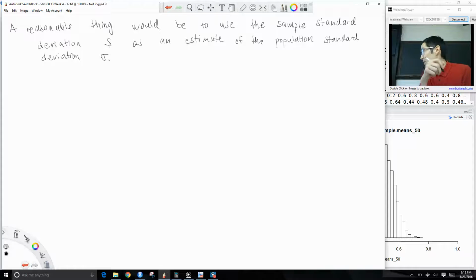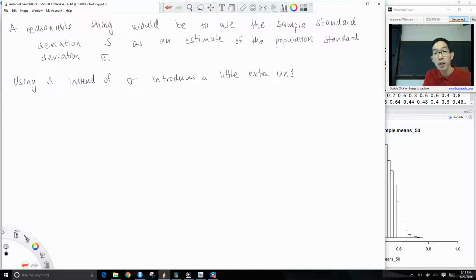And that led to the development of the T distribution, okay? So using S instead of sigma introduces a little extra uncertainty into the mix.